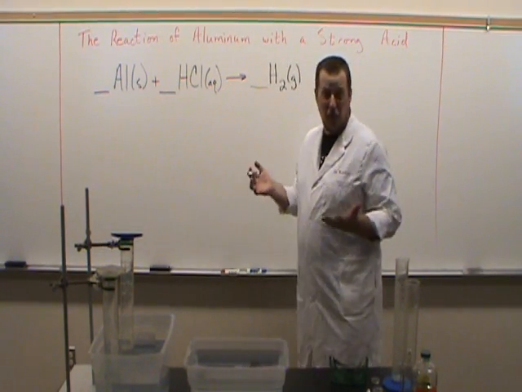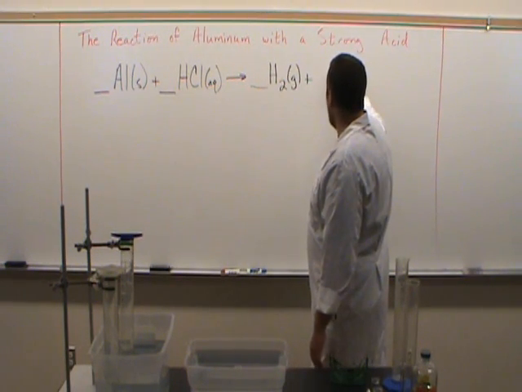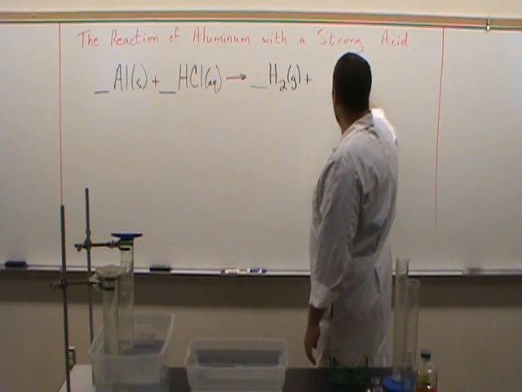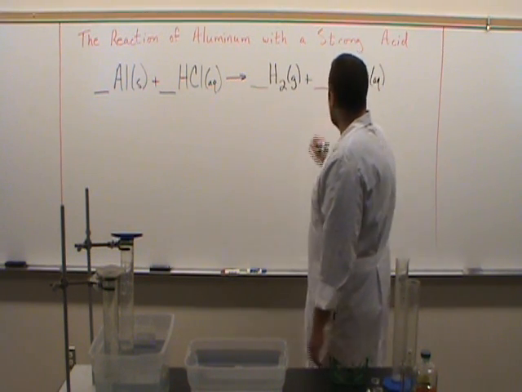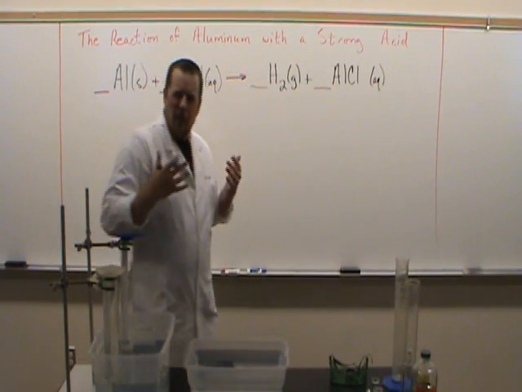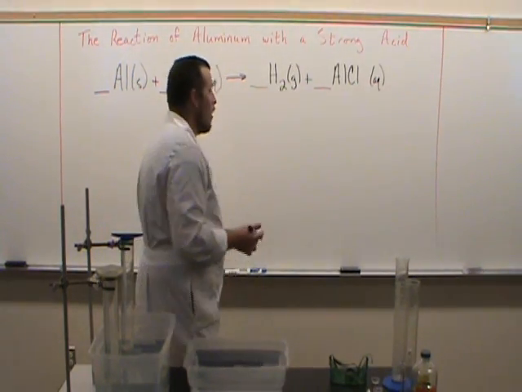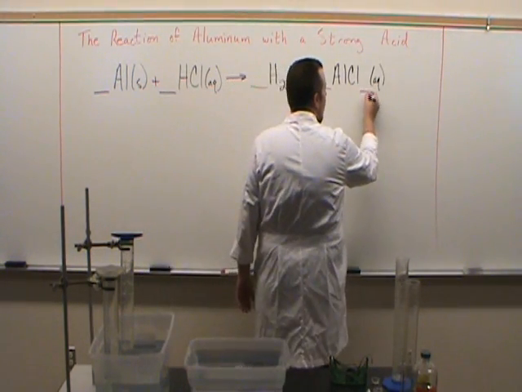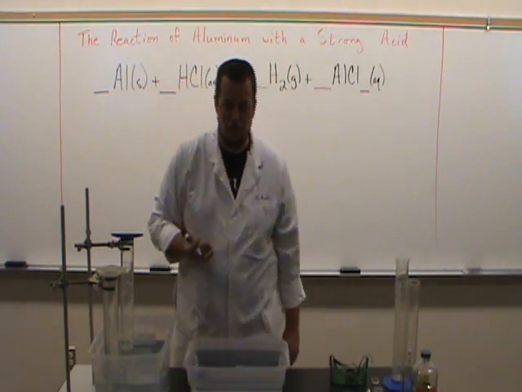This is a single displacement type of reaction, so the other product must be aluminum chloride, and we'll say that'll stay in solution. And because we want to be very empirical, because we want to be very experimental about this experiment, let's say that we don't know what that number is supposed to be.